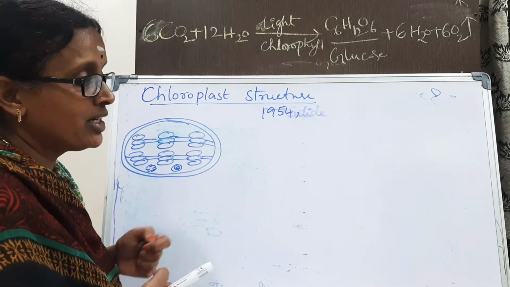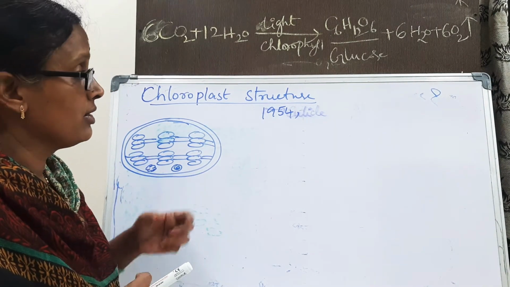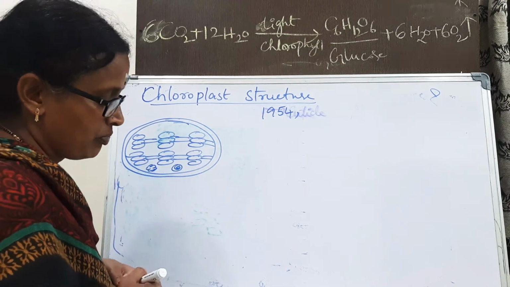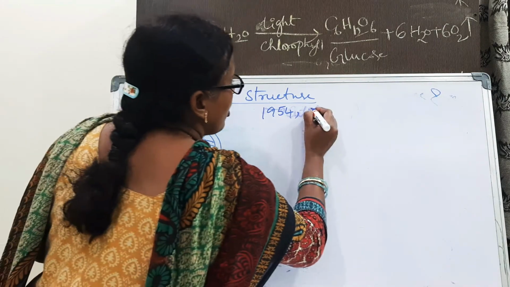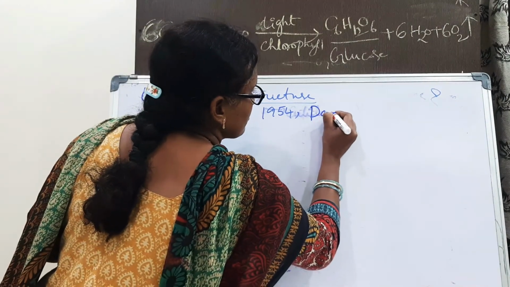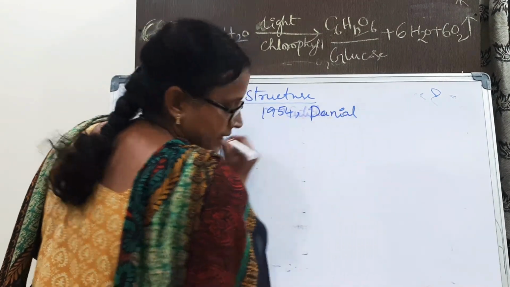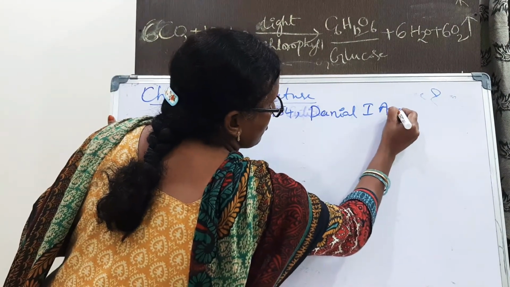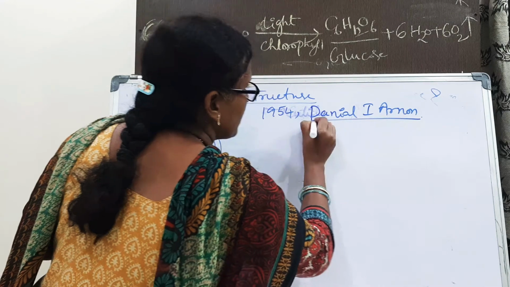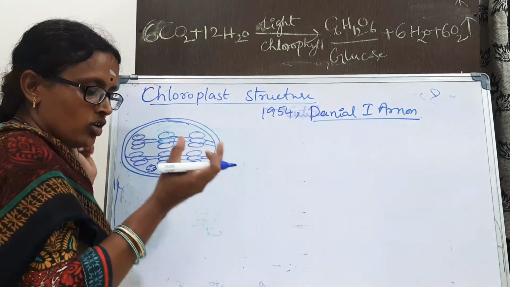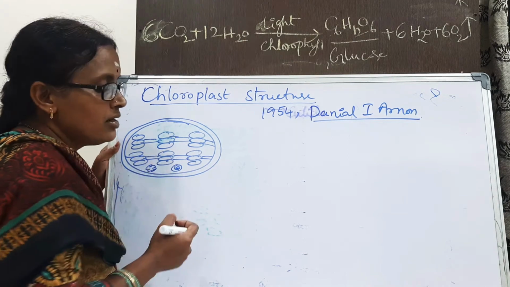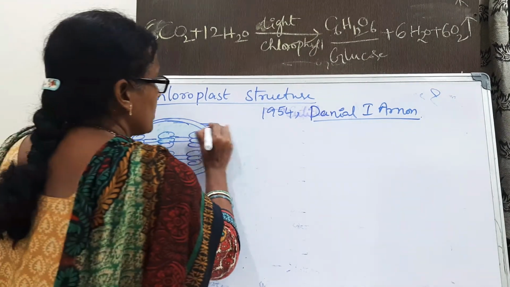It is very difficult to isolate the chloroplast, but that work was done by the scientist Daniel I. Arnon. He isolated the chloroplast and revealed the structure.